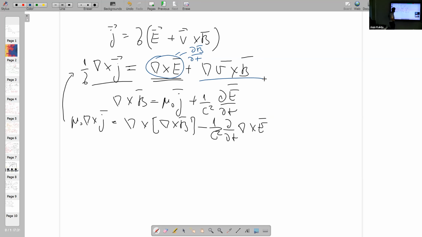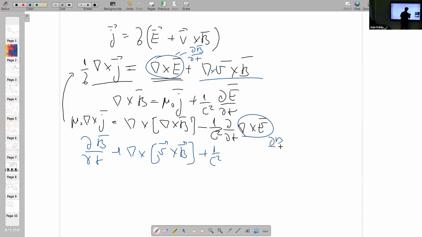And now let us try bringing things together. I have now dB over dt plus curl of V cross B. And then on the other side, that minus we can bring also to the left-hand side as plus 1 divided by C square, but this again is curl of E, which is also dB over dt, plus 1 divided by C square d square B over dt square.